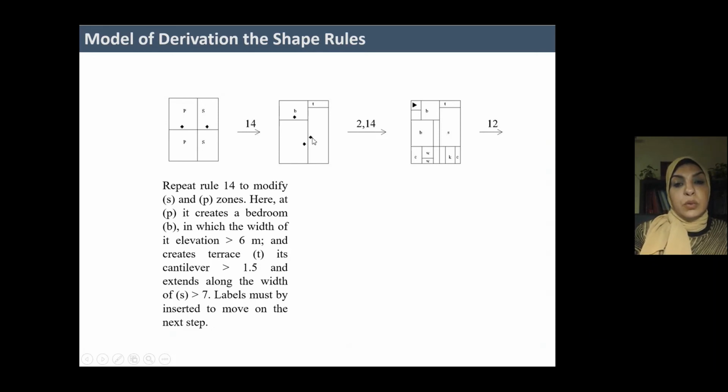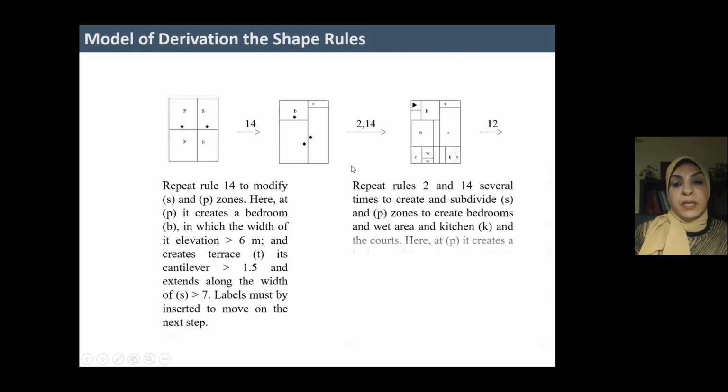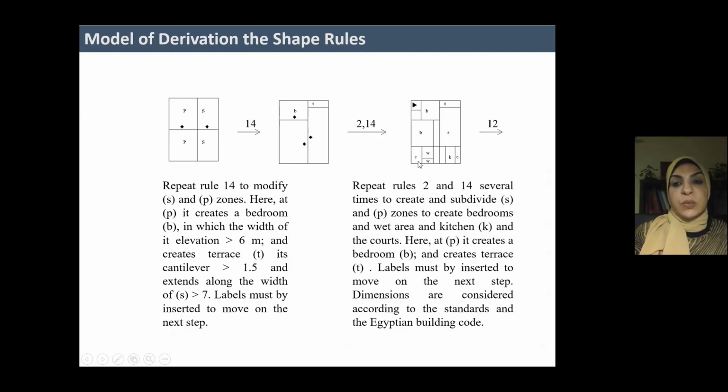And by applying rule number 14, we are expanding the space and shrinking the other one, on both zones, and by repeating rules number 2 and 14, we can divide the whole space.